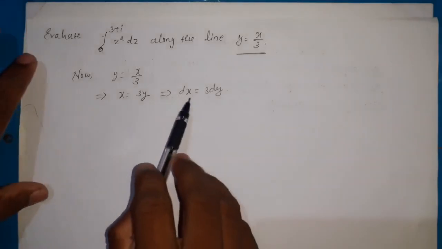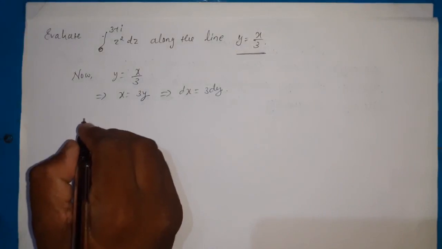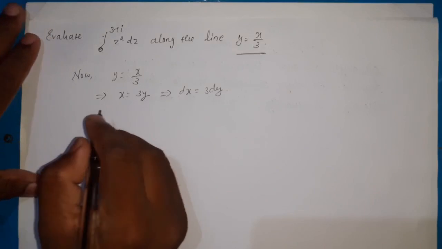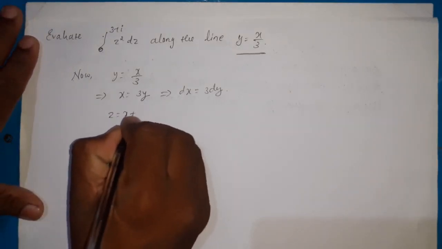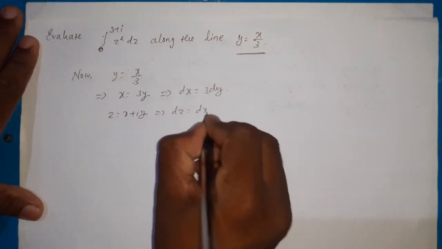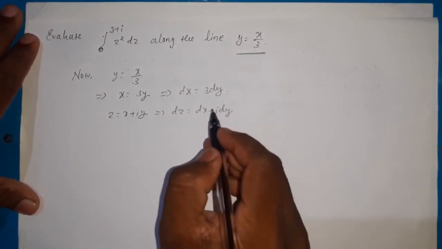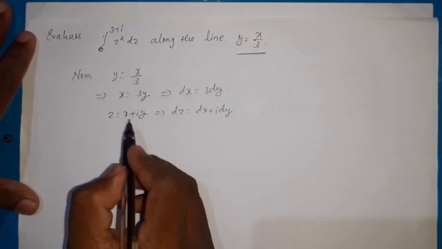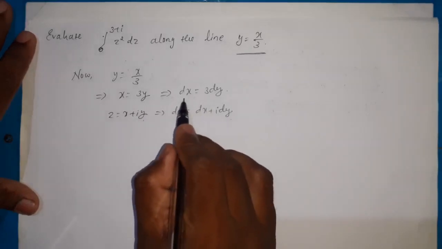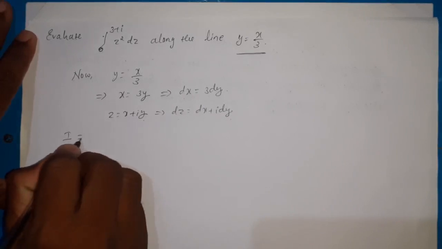Next we need to substitute z equal to x plus iy, then it implies dz equal to dx plus i dy. So now we have totally 3 substitutions. One is z equal to x plus iy, dz equal to dx plus i dy, and dx equal to 3 dy. Now consider the given integral as I.